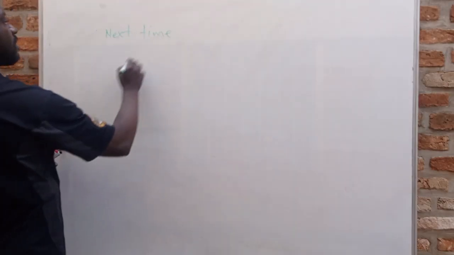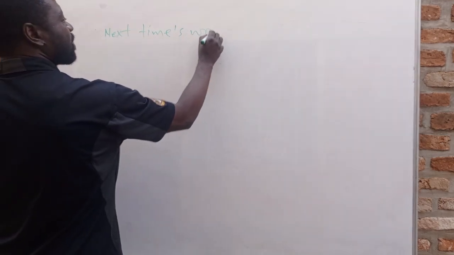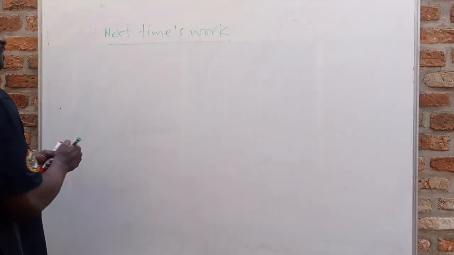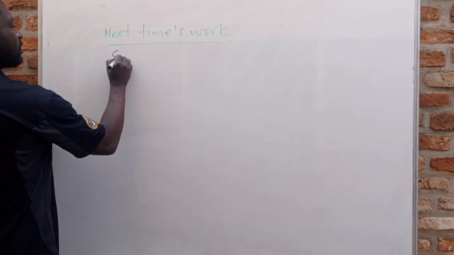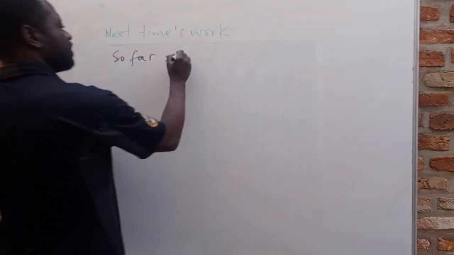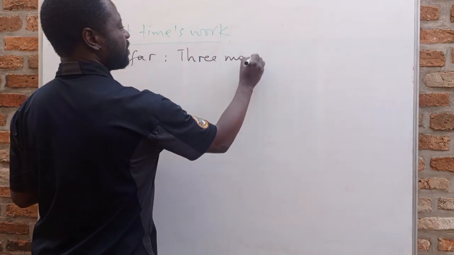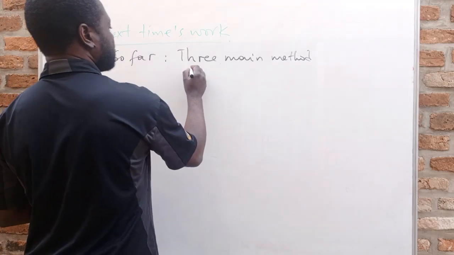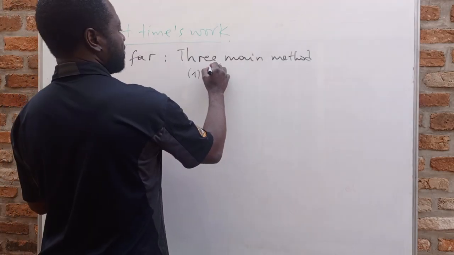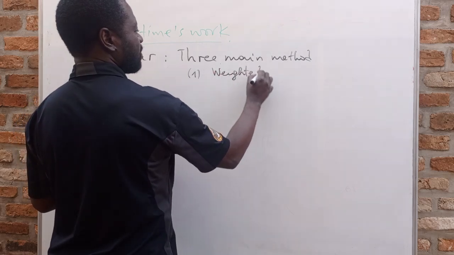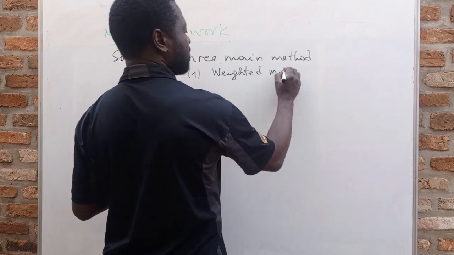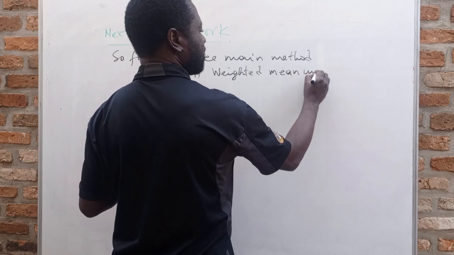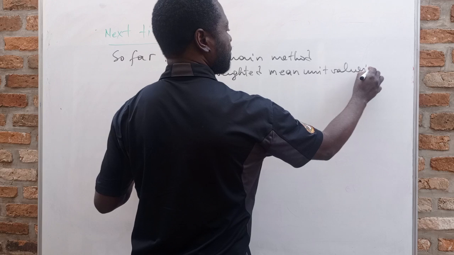So we have so far three main methods. The first of which is the weighted mean unit values method.